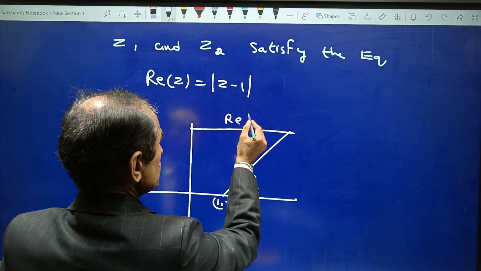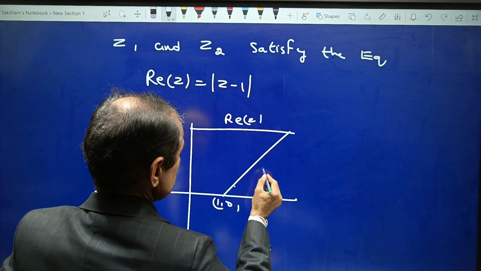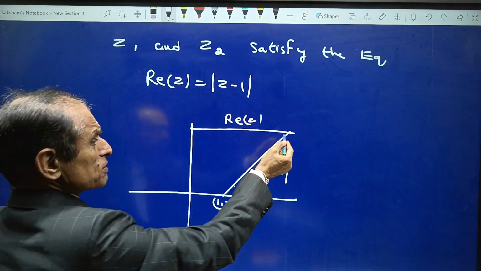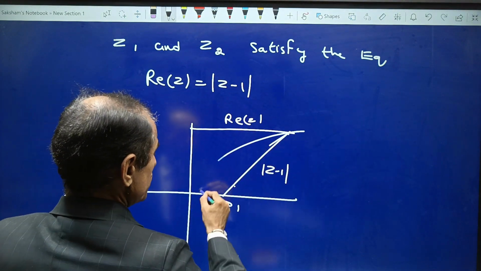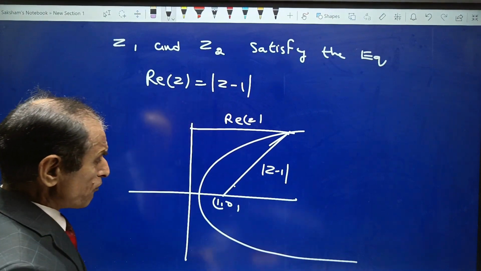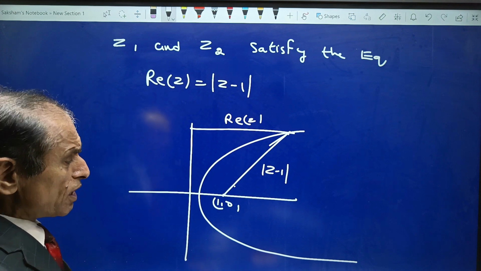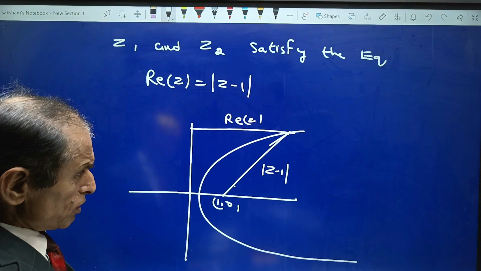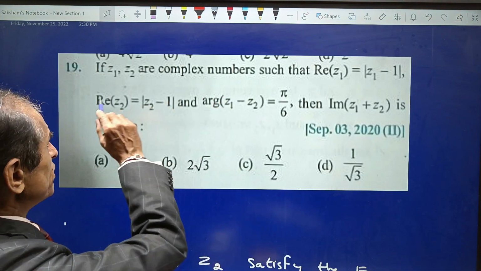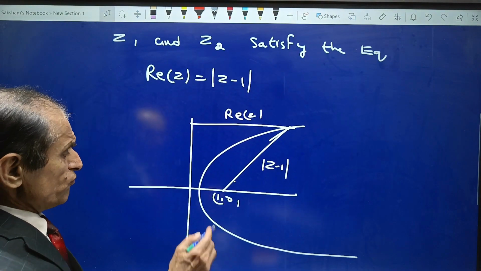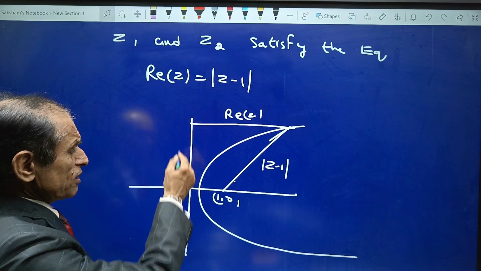This is real part of Z, this is mod of Z minus 1. The two are equal means the locus of this point will be a parabola for which this line will be the directrix and the point 1 0 will be the focus of that parabola. That is, we can say Z1 and Z2 both lie on a parabola with focus at 1 0 and directrix as y-axis.